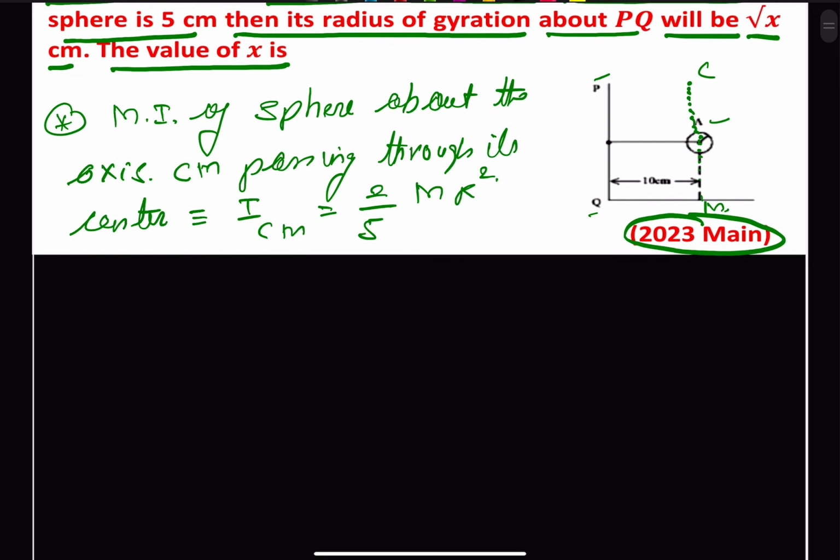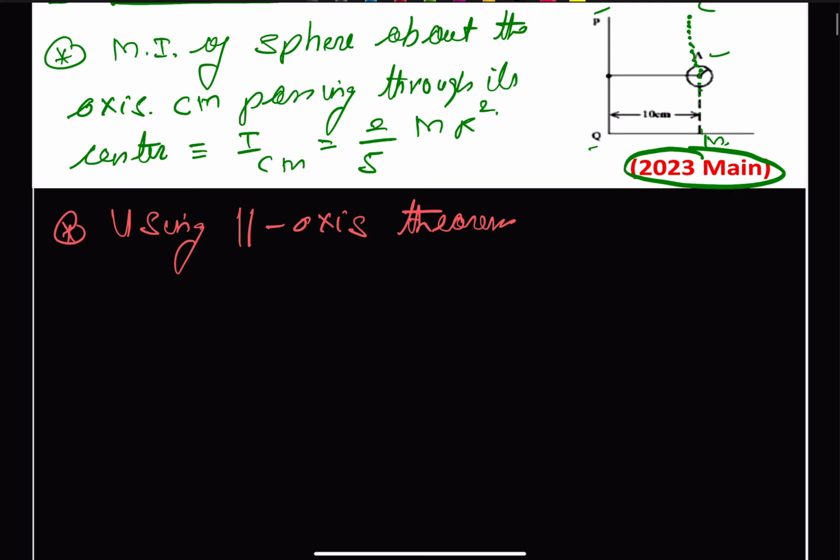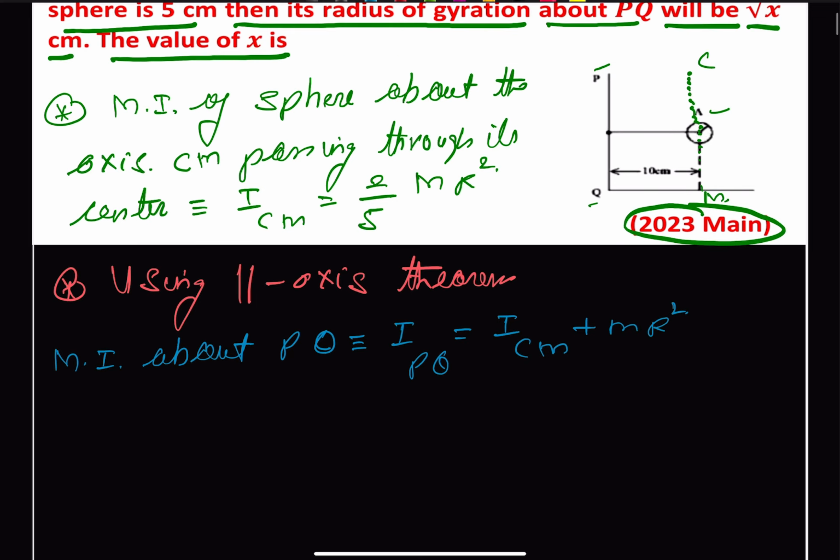Then we are going to use the parallel axis theorem. Using the parallel axis theorem, we can say the moment of inertia about PQ, let us call this IPQ, will be equal to ICM plus Mr square, where r is the distance between the center of the sphere and the axis PQ.